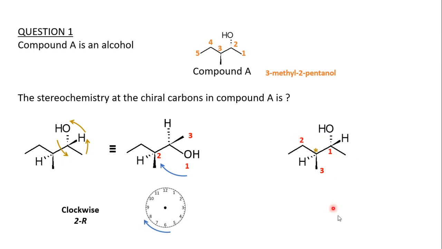So 1, 2, 3, we've ranked our groups in terms of priority. We look at the direction of our groups going from 1 to 2 to 3. We see that we're going counterclockwise. So if we have a clock, we're going in the opposite direction that the hands would normally go. And so carbon 3 is going to be the S stereochemistry, all right?